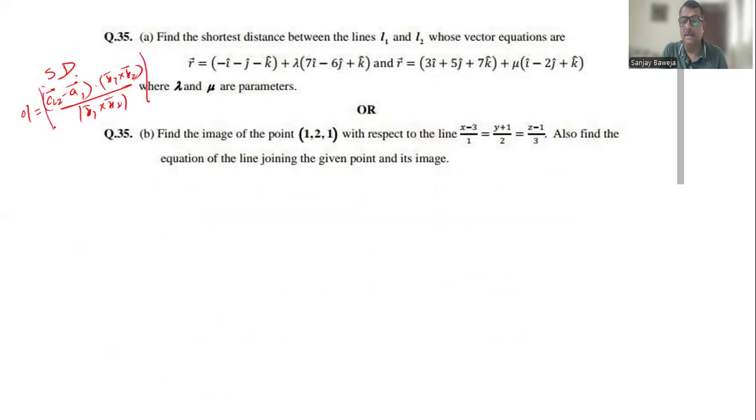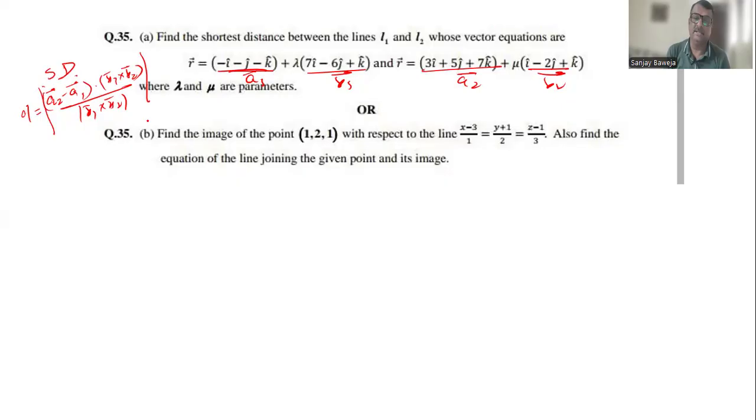You will simply identify the values of a1 and a2, b1 and b2. This is a1, this is vector b1, this is vector a2, and this is vector b2. Substitute these values in this formula and you'll get the answer.